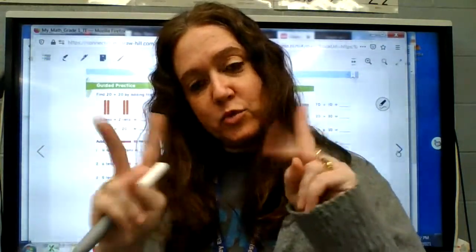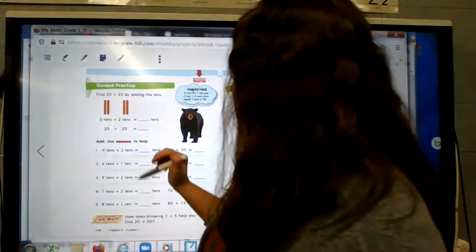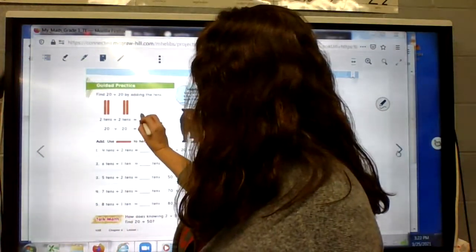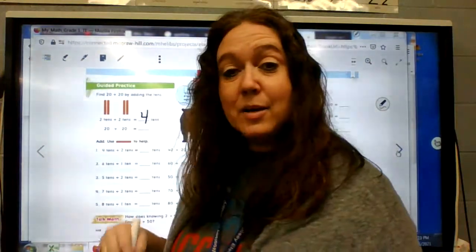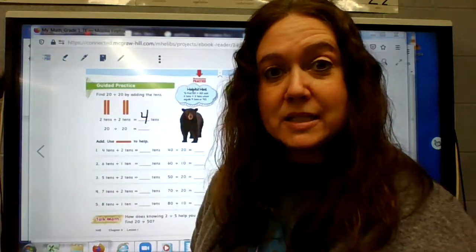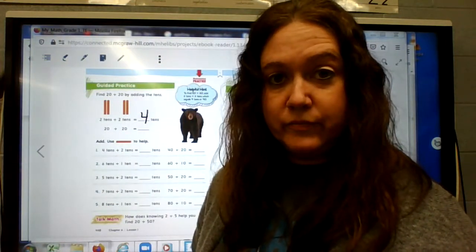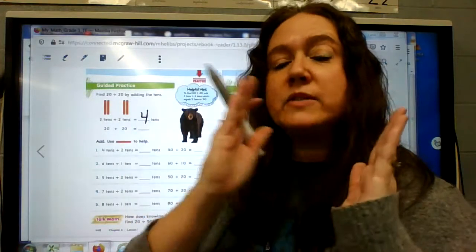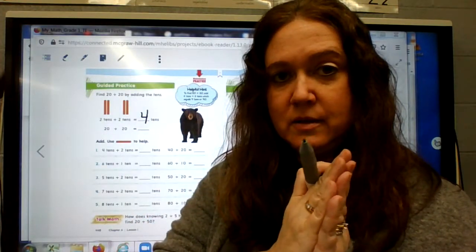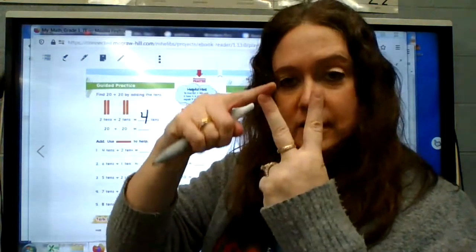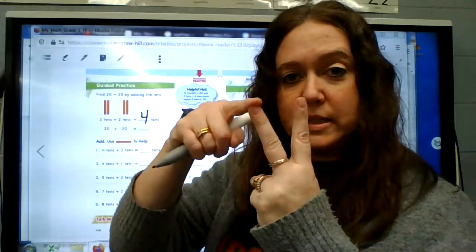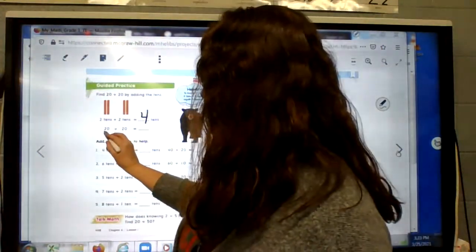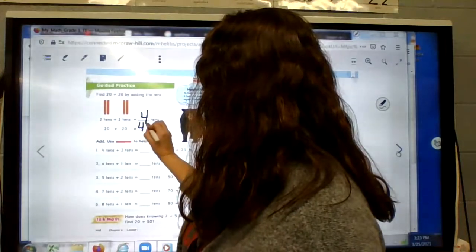So 2 tens plus 2 tens equals 4 tens, but when we're talking about 2 tens, it really means 20. 2 groups of 10. This group of 10 and this group of 10. 10, 20. Okay, so 20 plus 20 is 40.